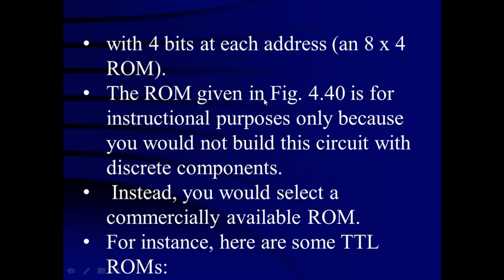The ROM given in figure 4.40 is for instructional purposes only, because you would not build this kind of circuit with discrete components. This connection is very difficult, because you have to connect so many diodes as switches between the horizontal and vertical directions.